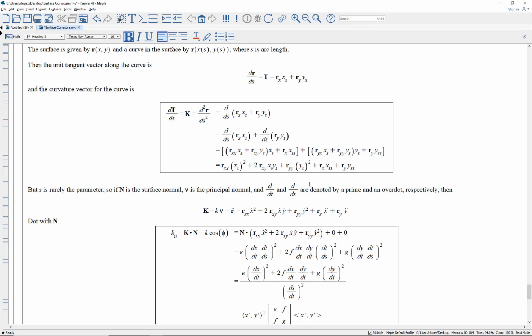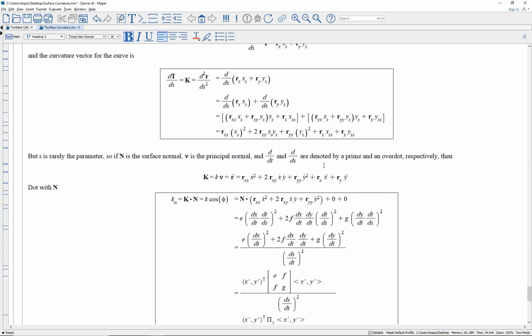Now this is getting kind of messy because we have the parameter s so often. Sometimes you're going to be differentiating with respect to t, and other times in the formulas you differentiate with respect to s. So let's do this. Let the derivative with respect to t, the parameter that you have, be denoted by a prime, and the derivative with respect to s be denoted by an overdot.